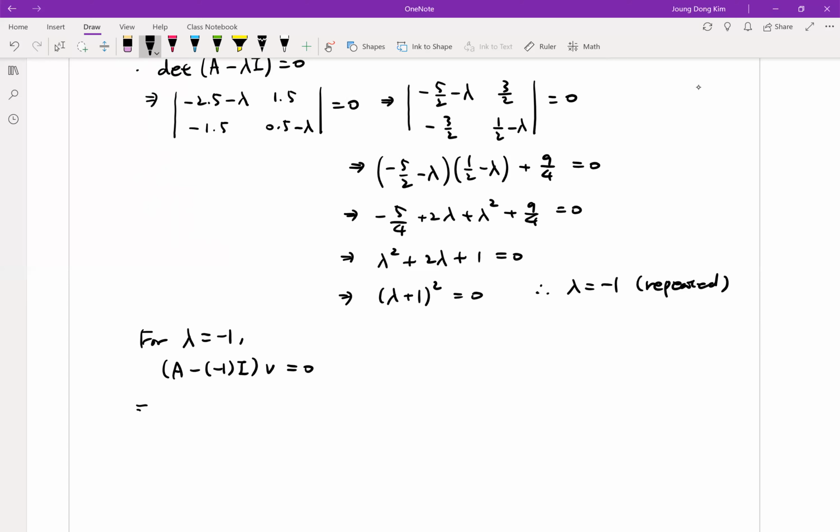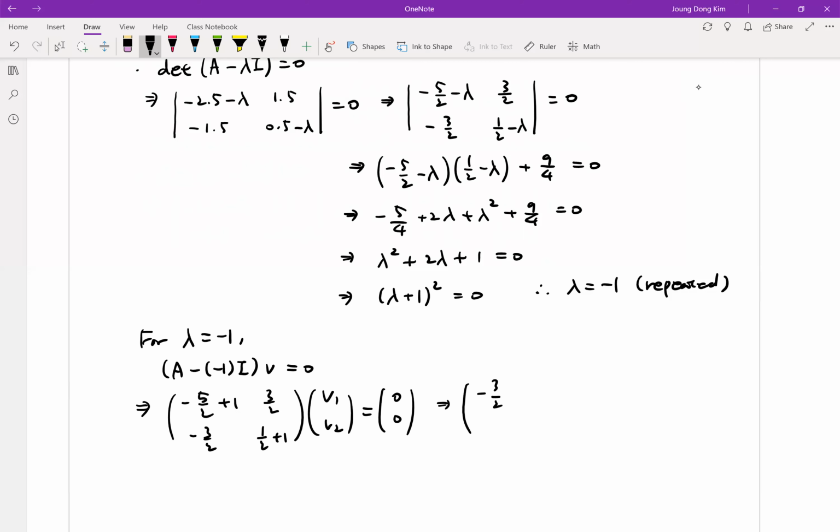Which is negative 5 over 2 plus 1, 3 half, 3 half, and 1 half plus 1, times v1, v2, equal to the zero vector.